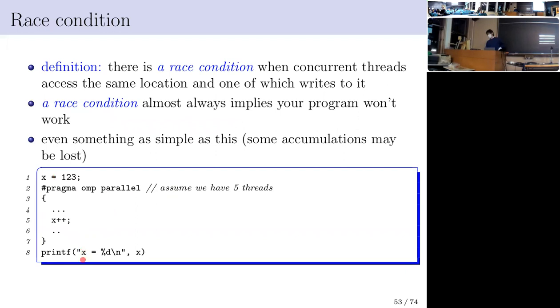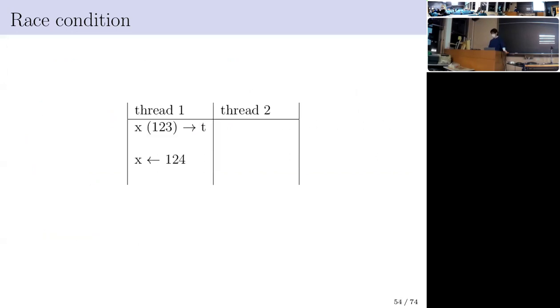Then what would you expect x to be here? If it is always 128, so 123 plus 5, then there's no issue, but this is not always the case.